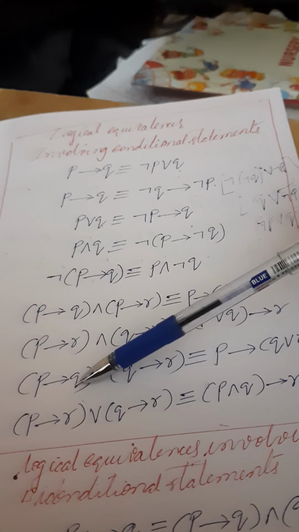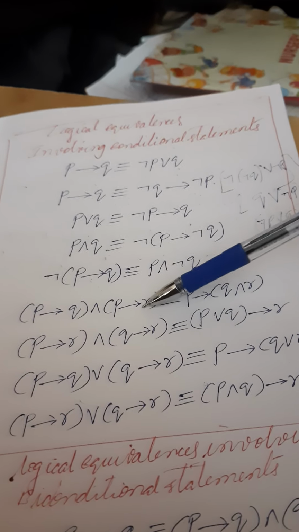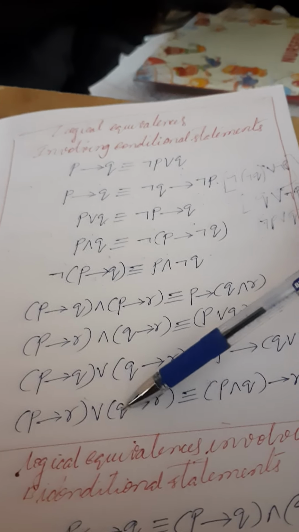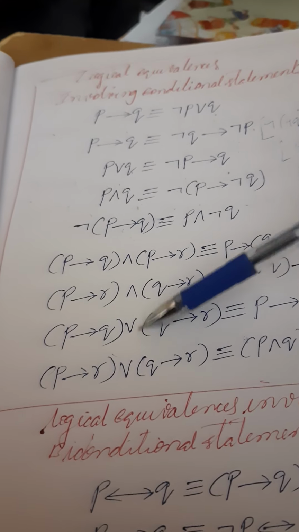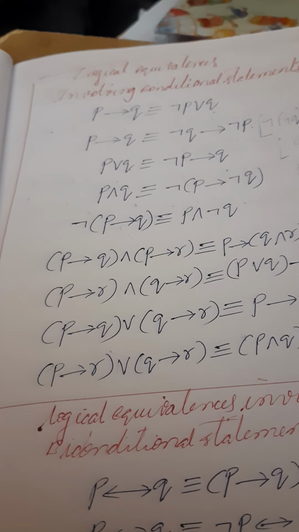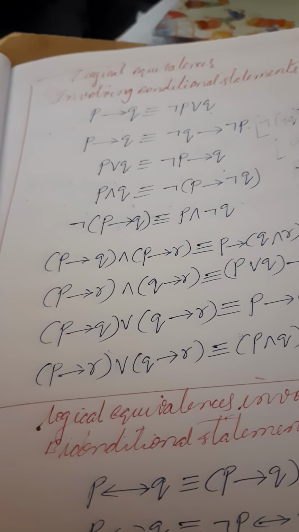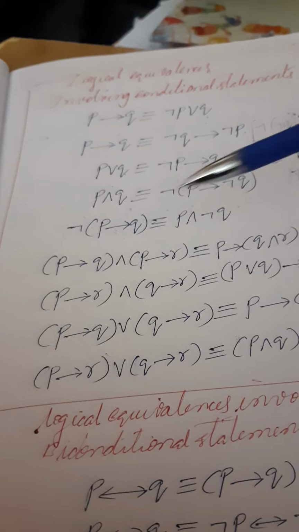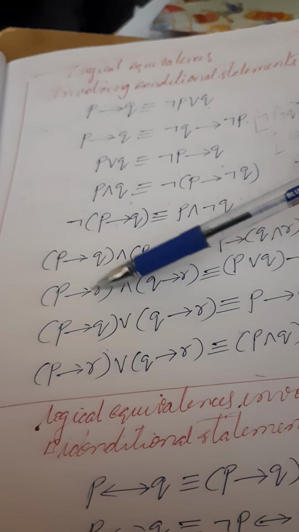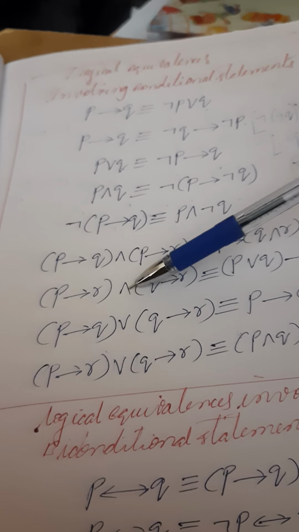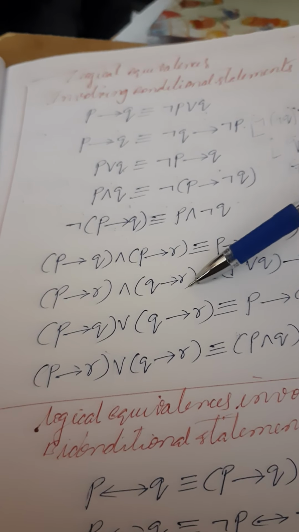Here also P implies Q. Okay, the second one we will see: P implies R, disjunction, Q implies R.